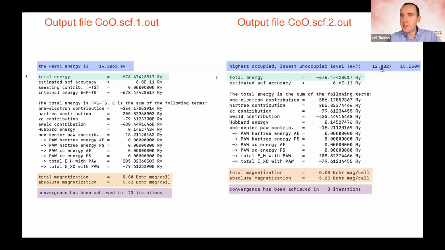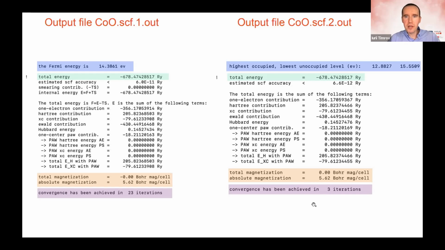And we see that indeed HOMO is lower than LUMO, so indeed we have a gap. The total energy didn't change up to 8 digits, so no changes. Total magnetization still 0, as it should be. And we performed only 3 iterations to converge because we started from a very good density and wave functions. So it's really a sort of refinement calculation, where we switch from metal to insulator.